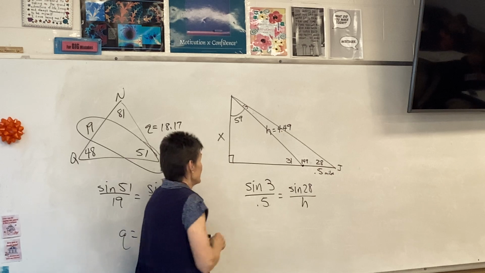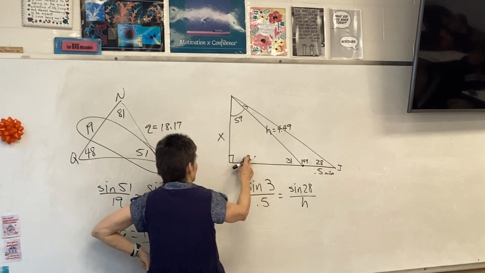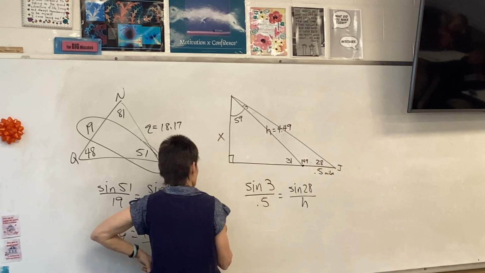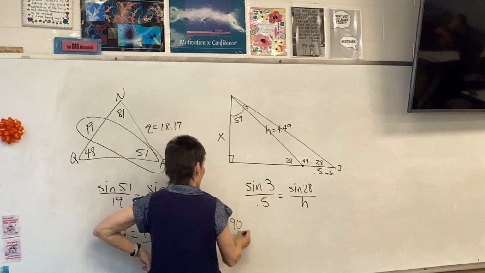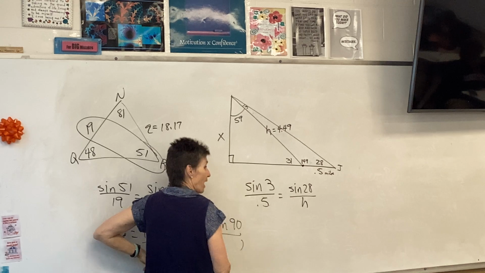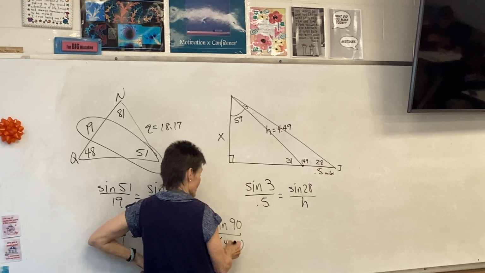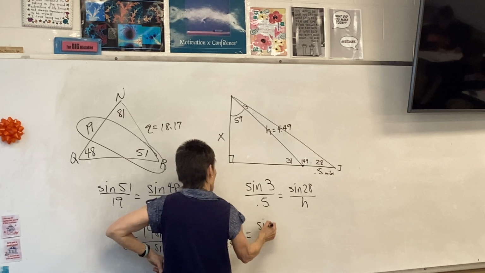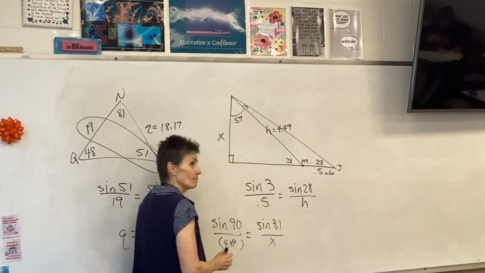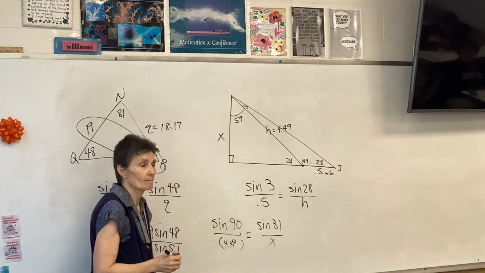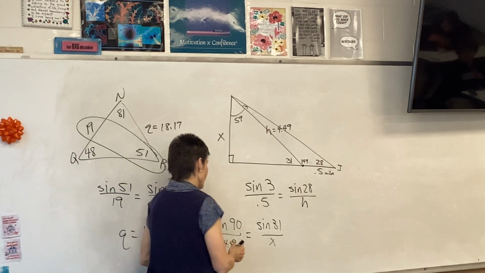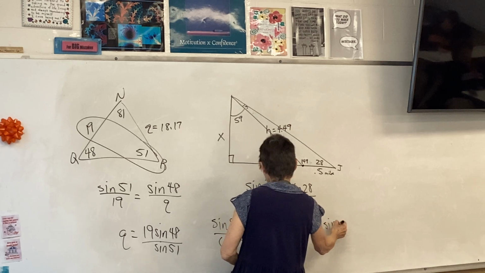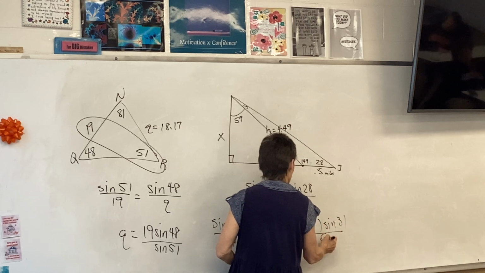Now let's look at this triangle. Could I say sine 90 over the answer he just got, that 4.49 number that's stored on my calculator, equals sine 31 over x? So you're doing your stored number times sine 31 divided by sine 90.